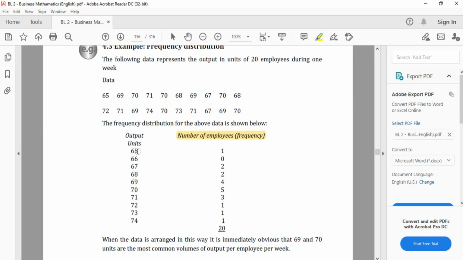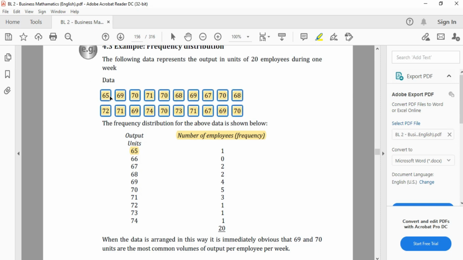So how many employees produced 65 units? They have taken it from this particular list. So 65 is produced by, we see only one. There isn't any other 65, no? So they put 1 here.